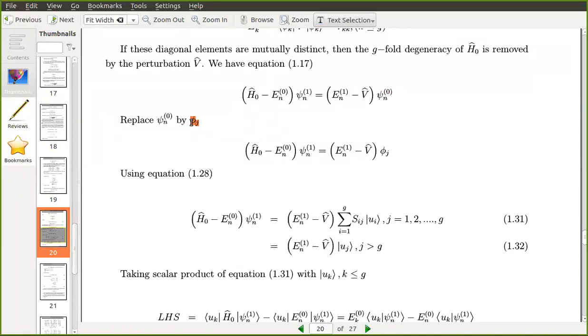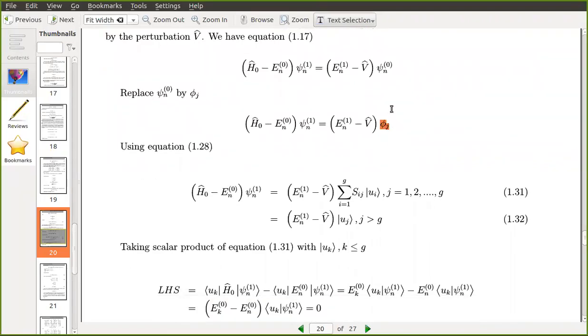You use this symbol because we have already replaced all this. This is actually un, which we replaced with the linear combinations phi j. So simply replace this psi n of 0 with phi j. No other change. So whatever we needed, we established simply by replacing un by phi n or phi j, uj by phi j.